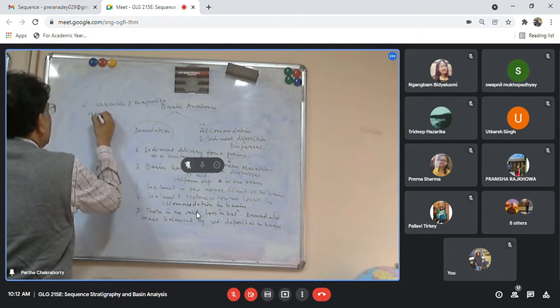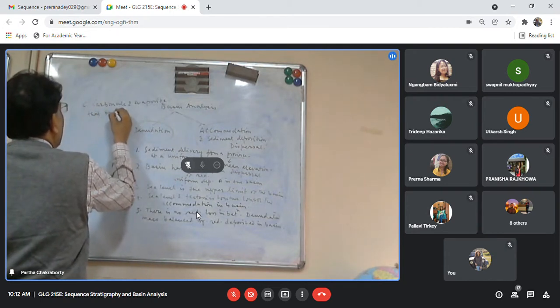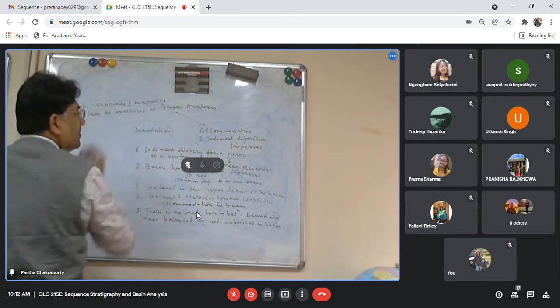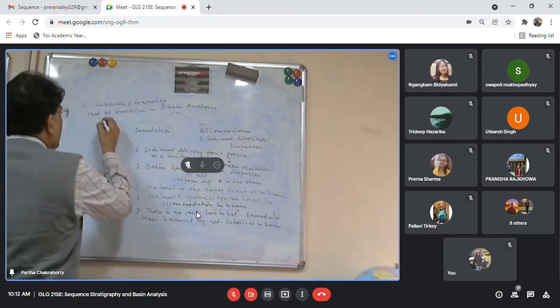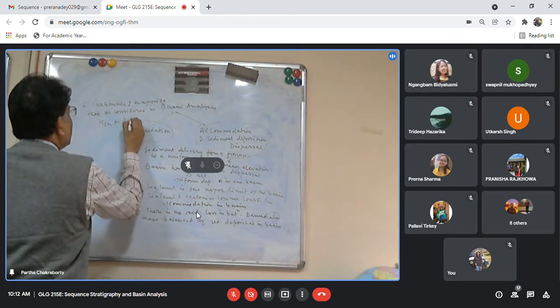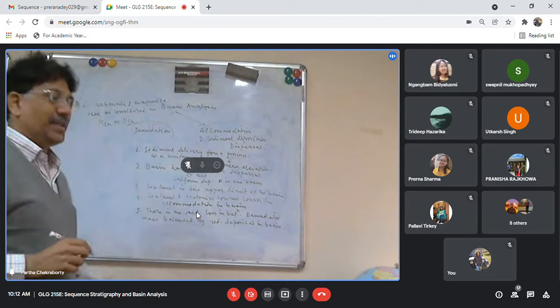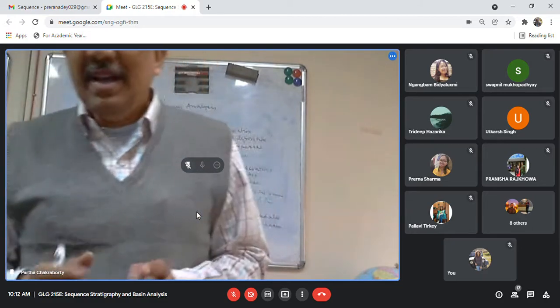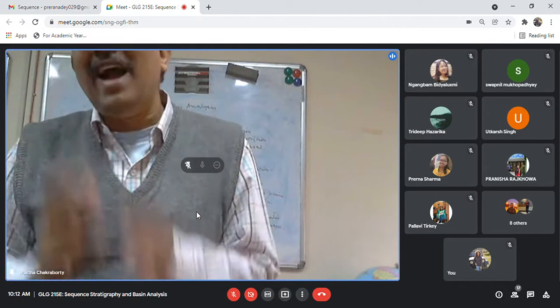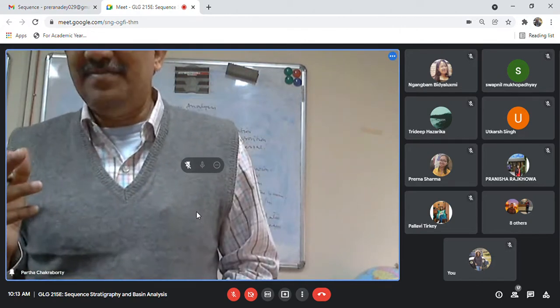That is considered in MCH or DCH. That is the chemical denudation component, which may be accommodated in the basin either in the form of carbonate or evaporite.